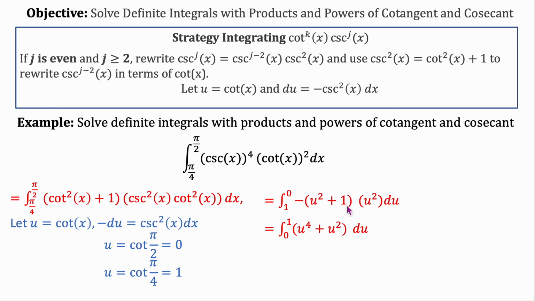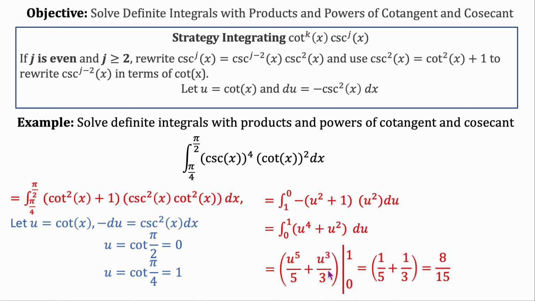Then I distributed our u to the 4th here and our u squared there. Now that's cleaned up, it looks a little nicer. Let's use our antiderivative rules to take that integral. When we do that, we get u to the 5th over 5 plus u to the 3rd over 3, and we are integrating from 0 to 1.